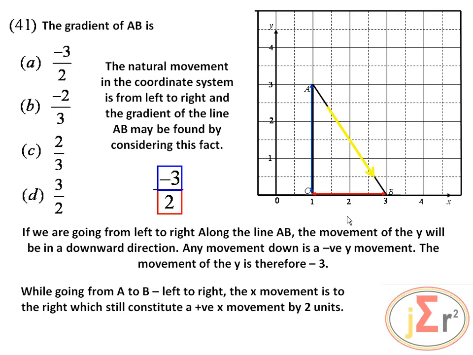So no harm seeing that the result is negative 3 over 2, which of course is option A and the same that we have calculated on the previous slide. The correct answer is option A as before.